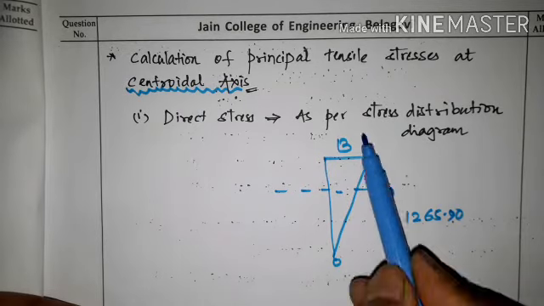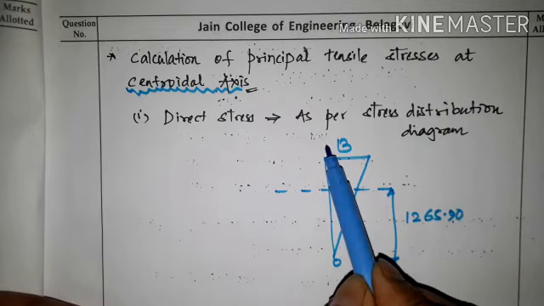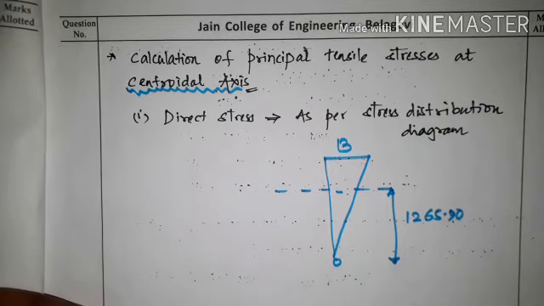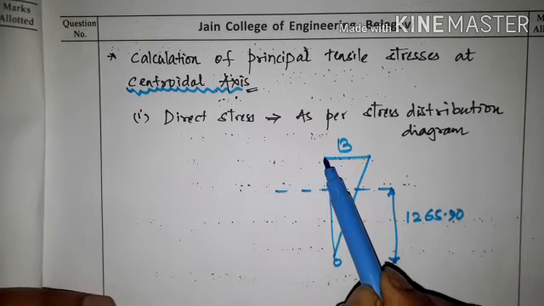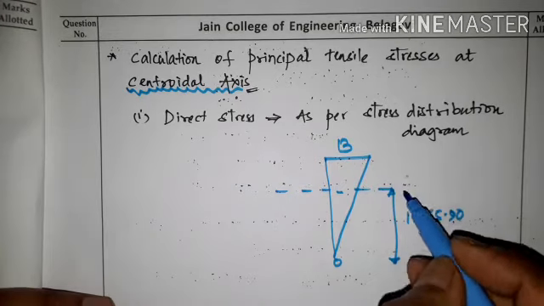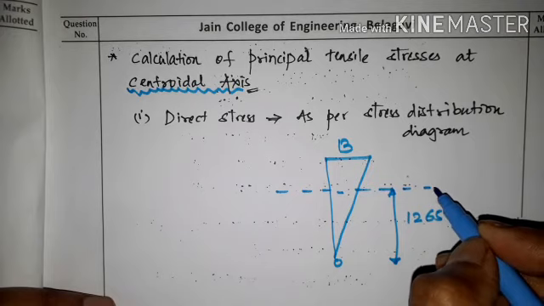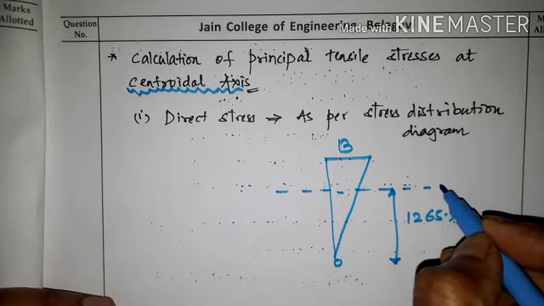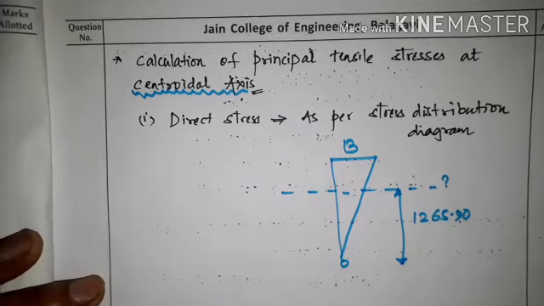The top fiber stress is 13, the bottom fiber is 0. So by using the concept of similar triangles, we have to find out the stress at this location.